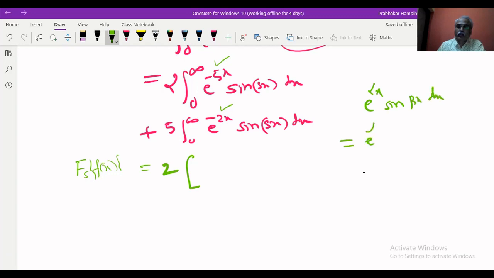What we are going to end up with is e raised to alpha x by alpha square plus beta square, times alpha sine minus beta cos.